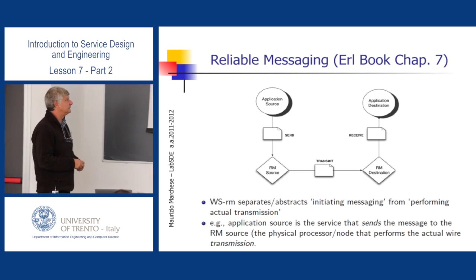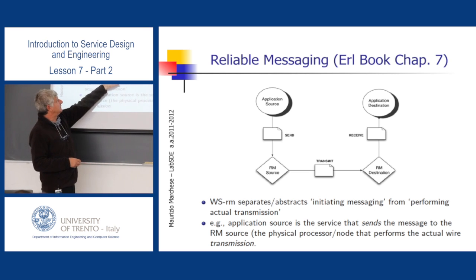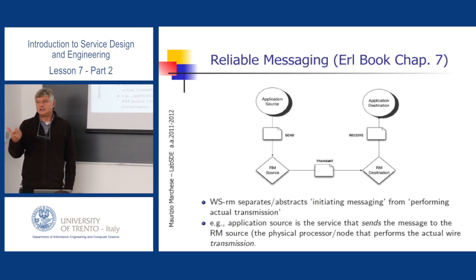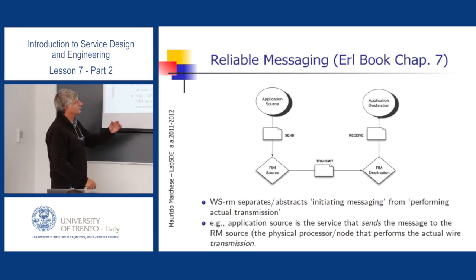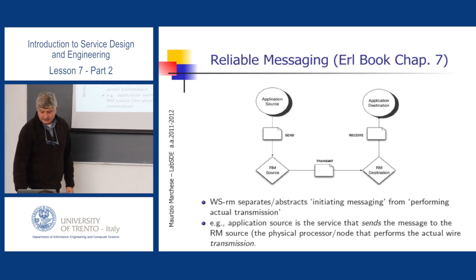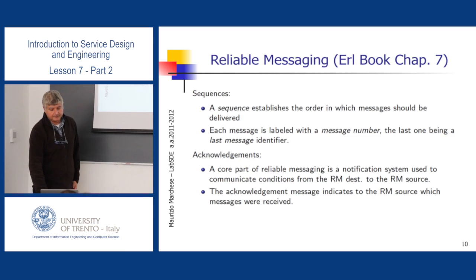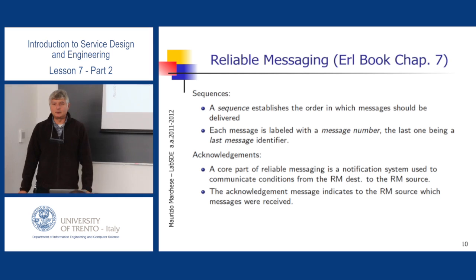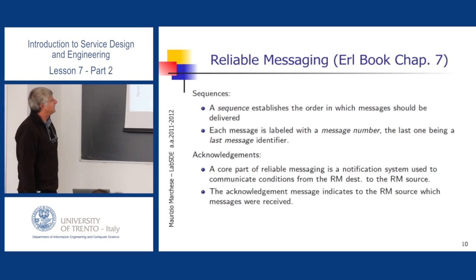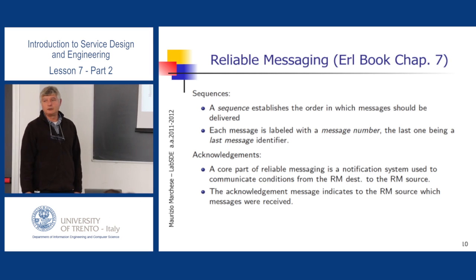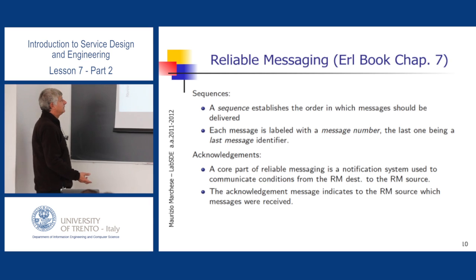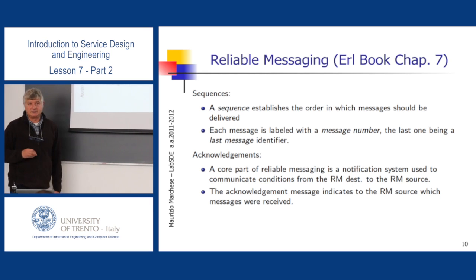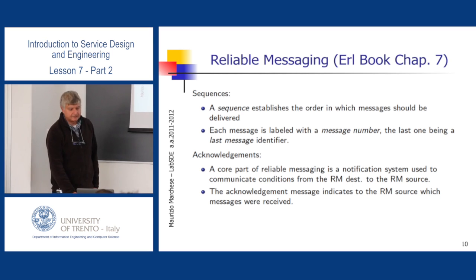So you have to add this extra step, the reliable messaging source, and the reliable messaging destination is put in between the messages. As simple examples, there is a concept of sequence, so you have a way to number your messages, and a concept of acknowledgements that you are expecting for that particular package.